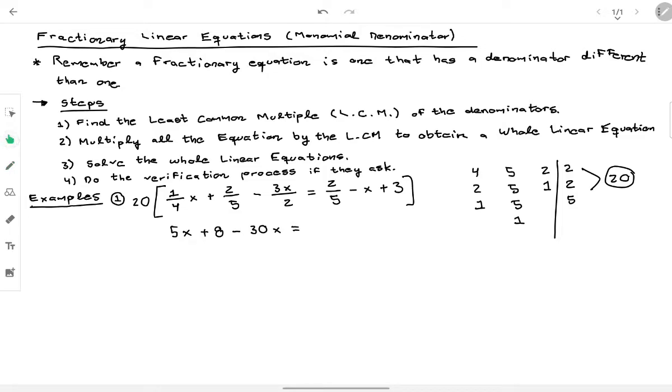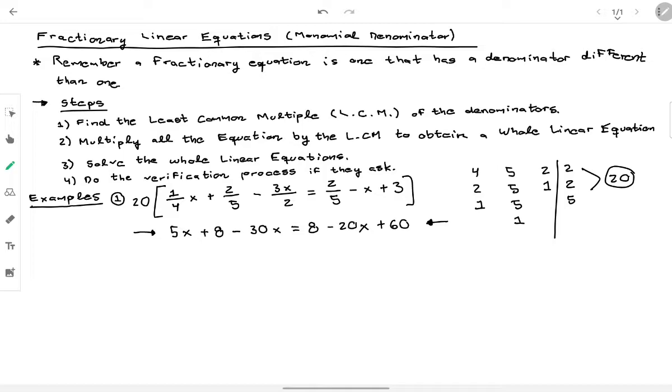Equals. The next one, 20 multiplied by 2 is 40, divided by 5, it's 8. 20 multiplied by minus x, minus 20x. 20 multiplied by plus 3, plus 60.